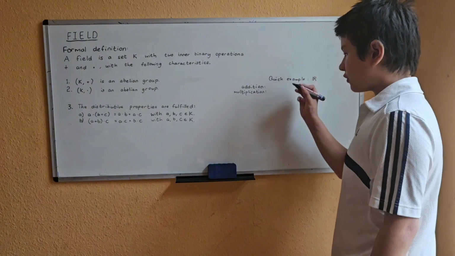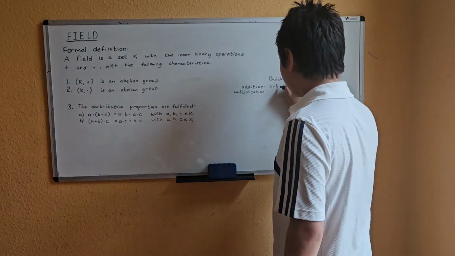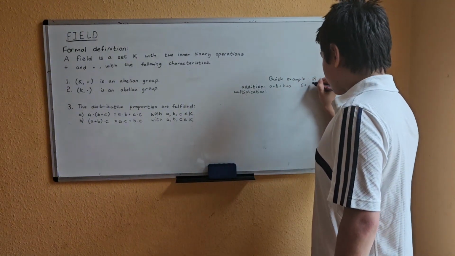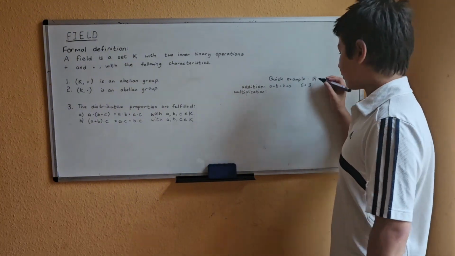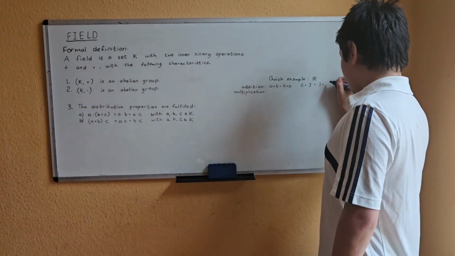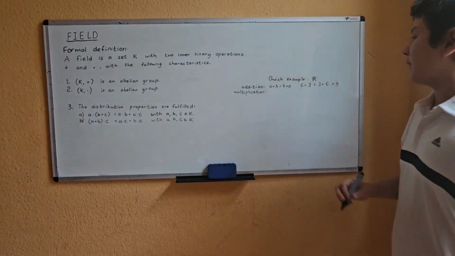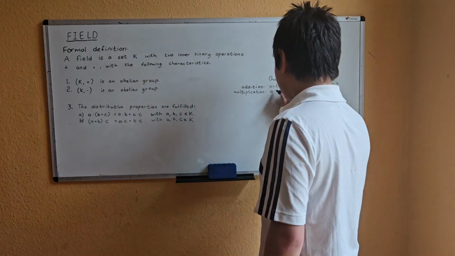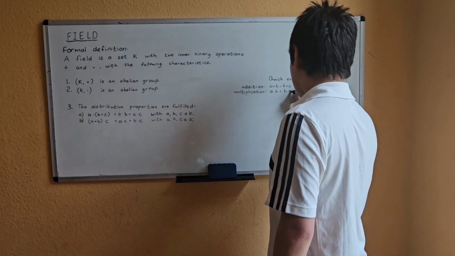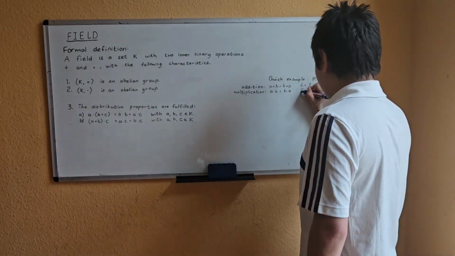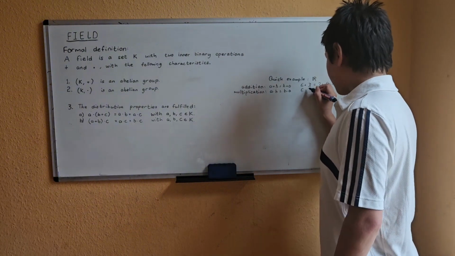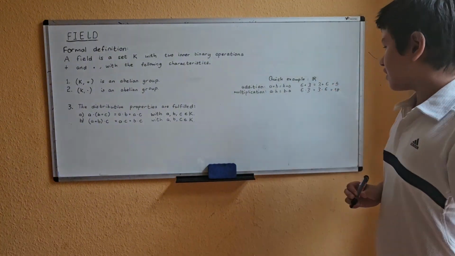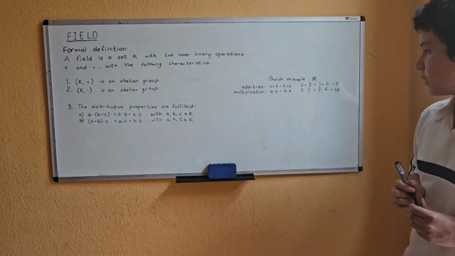So for addition, it just means that A plus B equals B plus A. We can see pretty easily that 6 plus 3, we'll just take 6 and 3 as example numbers, equals 3 plus 6, which equals 9. So yeah, that's pretty simple there. And for multiplication, it would mean that a times b equals b times a, which would then mean, if we take 6 and 3 again, 6 times 3 equals 3 times 6, which equals 18. So we can see that this also holds for multiplication.